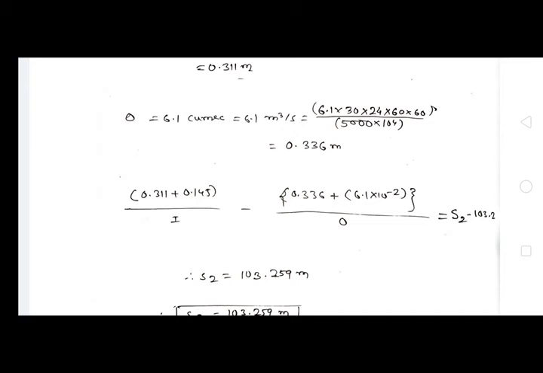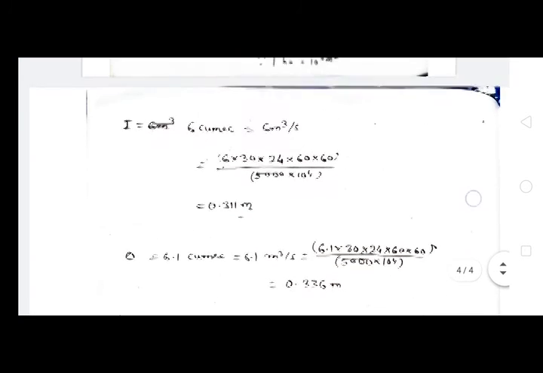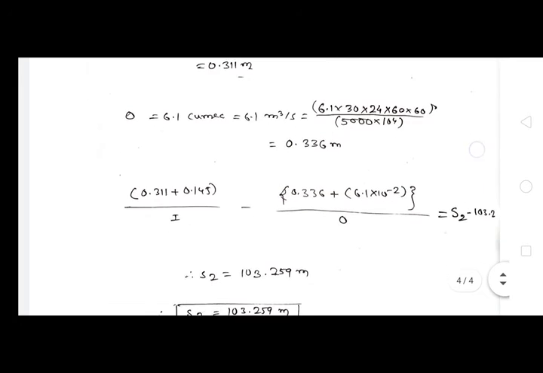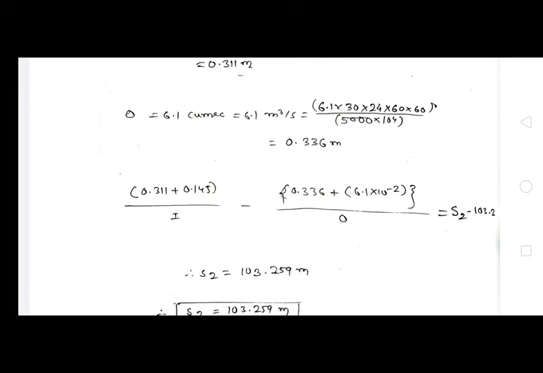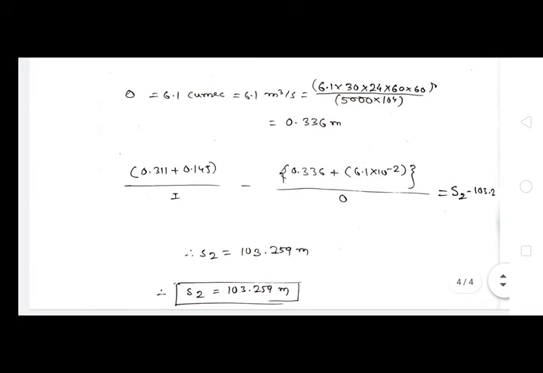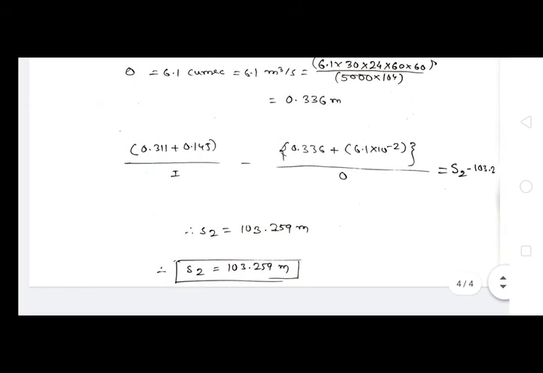Why is it so? Because if we convert the unit the right way, that is outflow, it is equal to S2 minus 103.2, that is S1, that is the change of storage. S2 must be greater than S1, so I put S2 before 103.2.